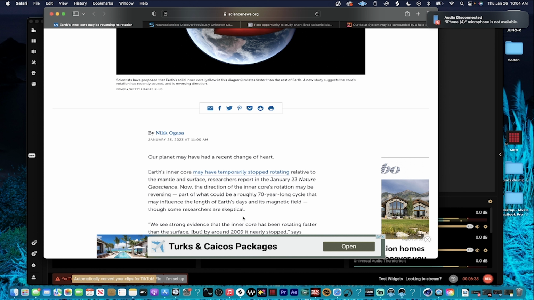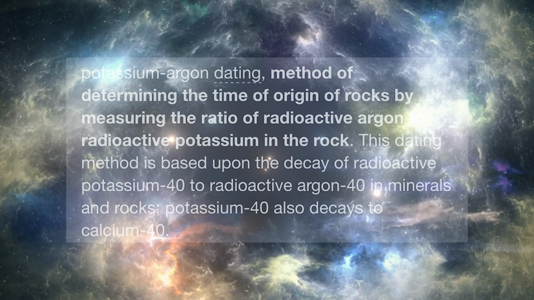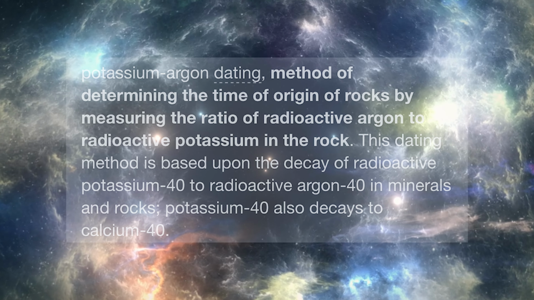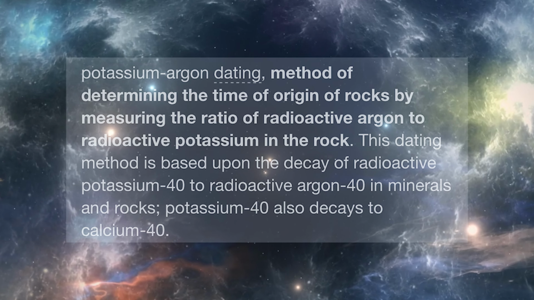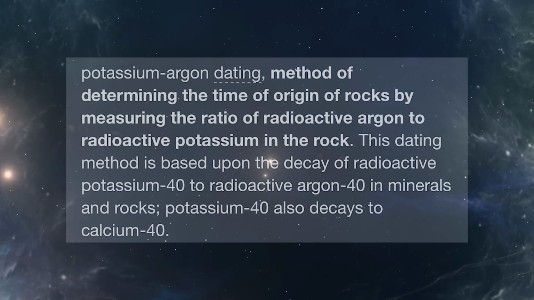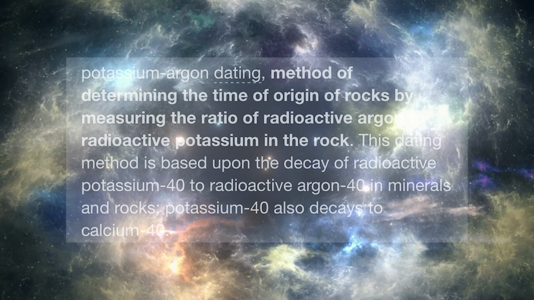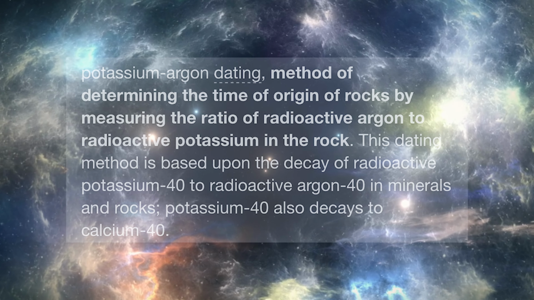In our atmosphere, we've got about 0.2% argon. Argon is created through the decay of potassium-40. Potassium-40 is a radioactive isotope coming from the Earth's core.